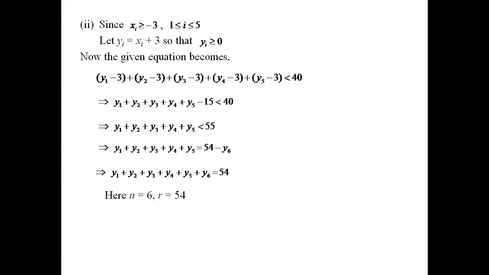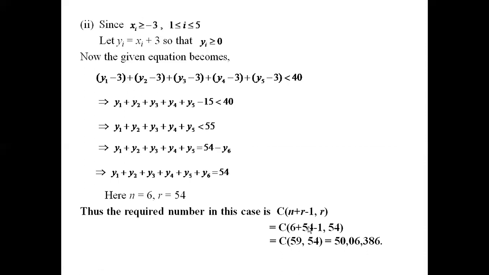Now we can find the number of non-negative integer solutions by writing n and r from this expression. So n is equal to 6 and r equal to 54. The required number will be C of n plus r minus 1 comma r, which is C of 6 plus 54 minus 1 comma 54, that is 59C54, which will be 50,06,386.